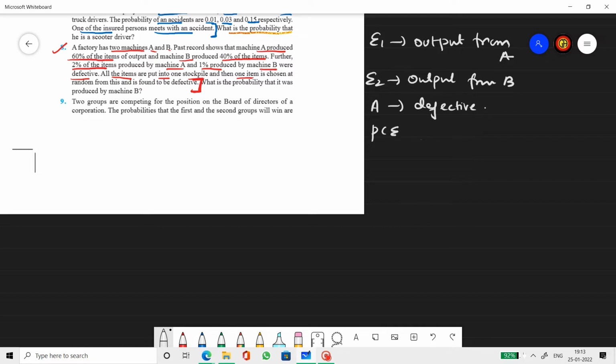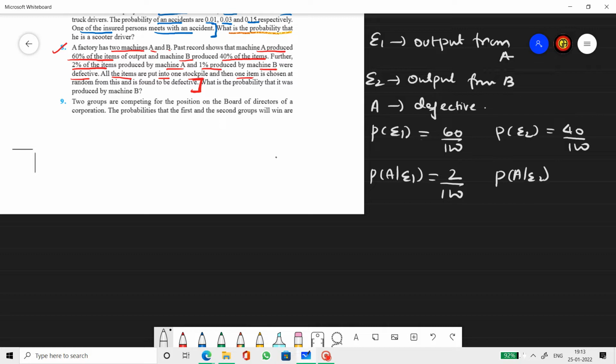So P of E1 is 60 by 100. P of E2 is 40 by 100. P of A given E1, a defective item produced by machine 1: machine 1 produces 2% defective items, 2 by 100. And P of A given E2 is 1 by 100.